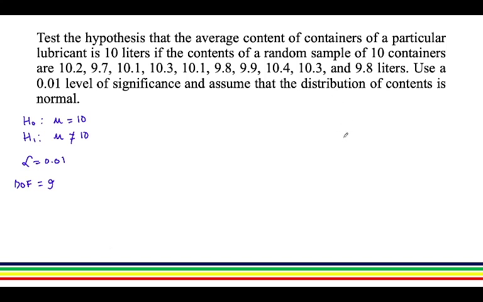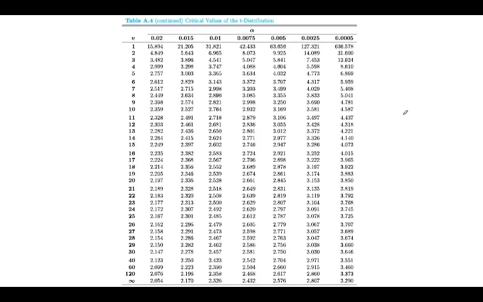Let's represent the problem with a normal distribution curve. And since it's a two-tailed test, we'll be dividing the level of significance by 2 and get the area of 0.005. And with this, we're going to go to the table and look for alpha of 0.005 in both directions with v of 9.